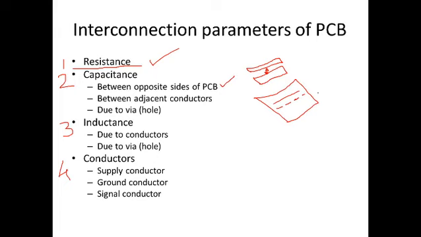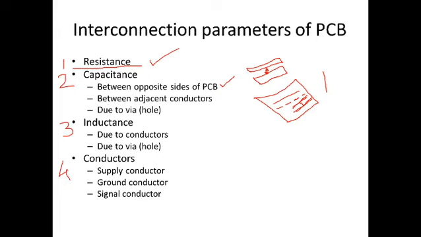Then on the PCB, you have two adjacent traces present side by side. Here is one trace, here another trace. This is one conductor and this is another conductor, and in between those two conductors you have air. So here also one capacitor is formed.